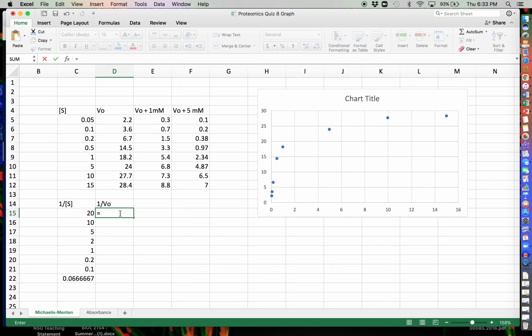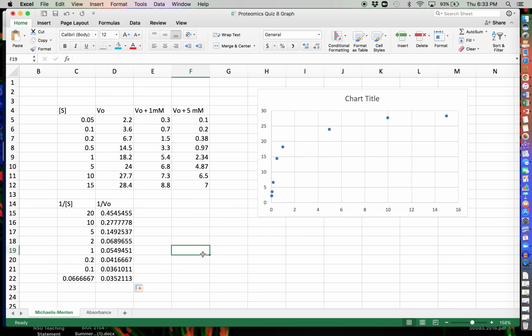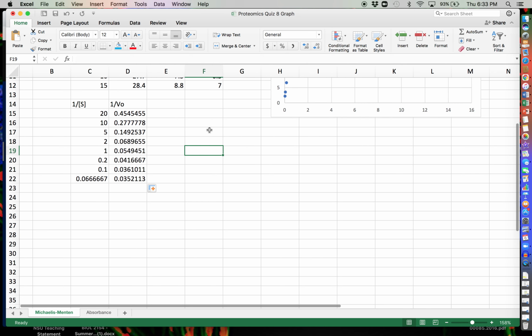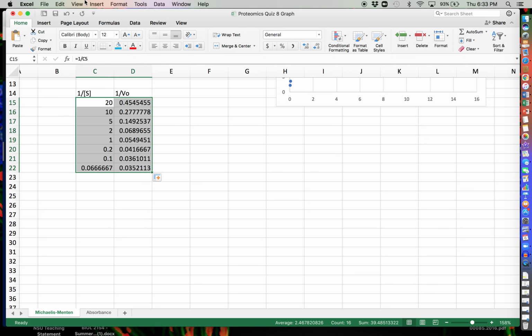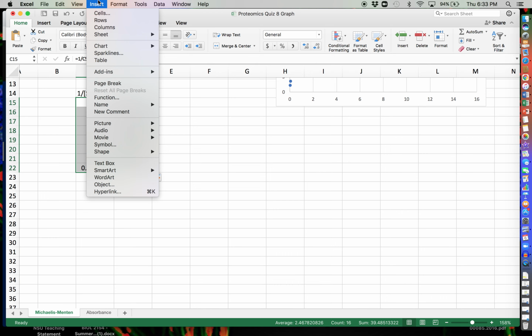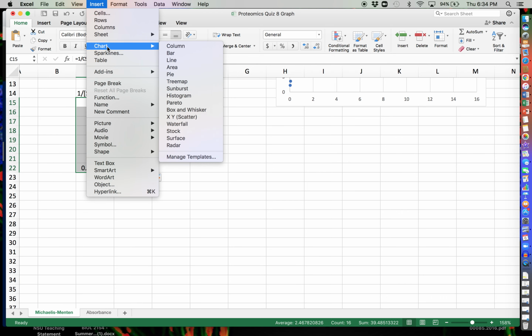All right, I'm going to do the same thing for the initial velocity. Okay, and then come down here. Okay, so now we are going to do a Lineweaver-Burk plot. We're just going to take another XY scatter plot, except of these data instead. The Michaelis-Menten plot was substrate concentration against initial velocity.